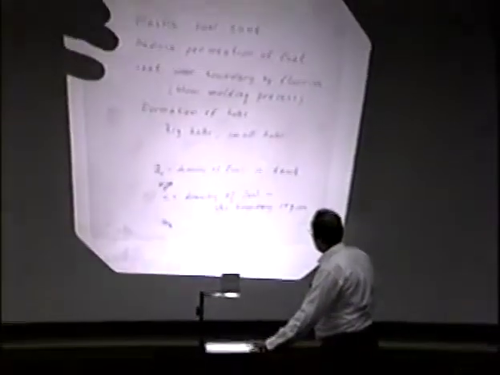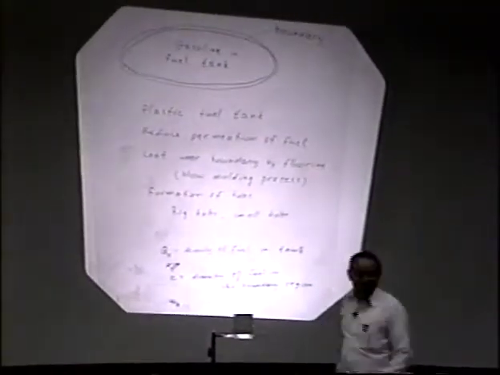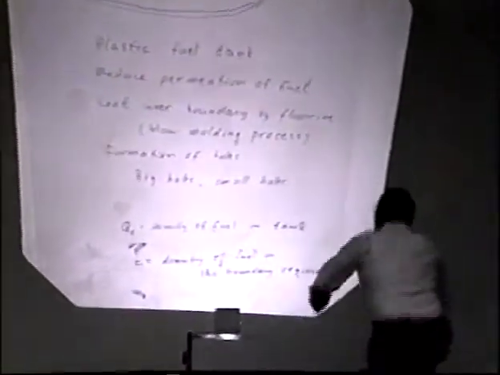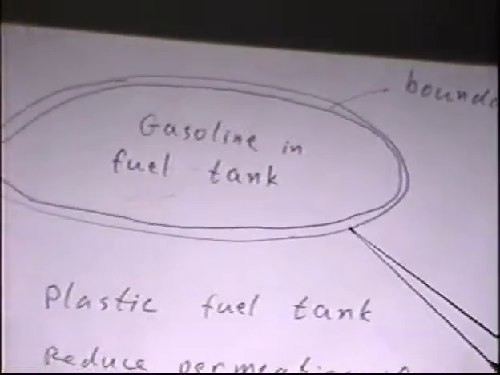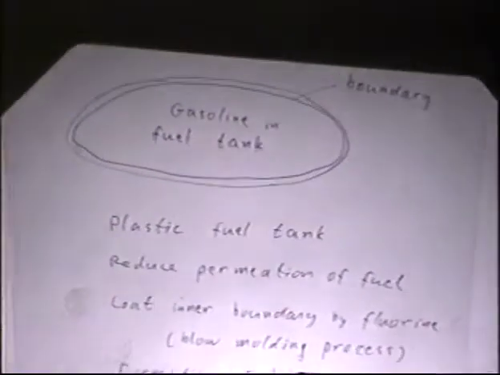So if we denote the density of the fuel in the tank by Q0, and that's more or less a constant, and this is the air. This is the air, this is the fuel, and in this little layer, which is maybe 1 or 2 millimeters, this is where we are going to study the problem, because that's where the fuel is leaking. It's leaking from density Q0 to density 0 in the air.